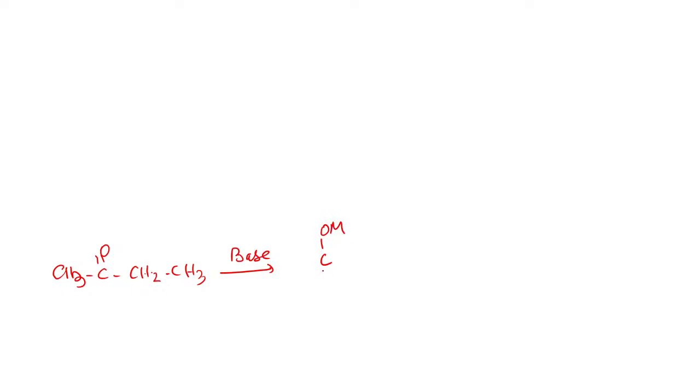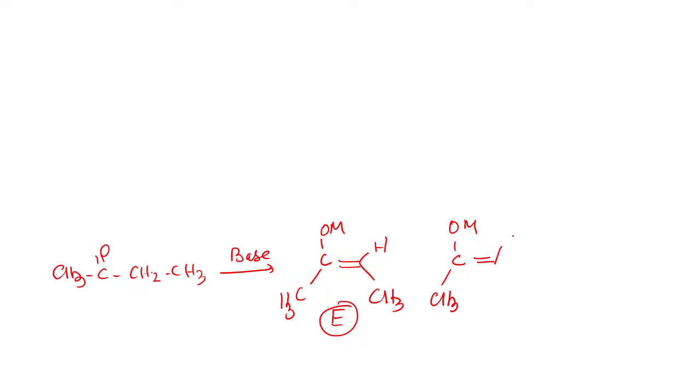Now you have this methyl substituent, you have the double bond. So this methyl group can be trans, so you'll be able to generate E enolate, or you can also produce a cis enolate. Both you can form.